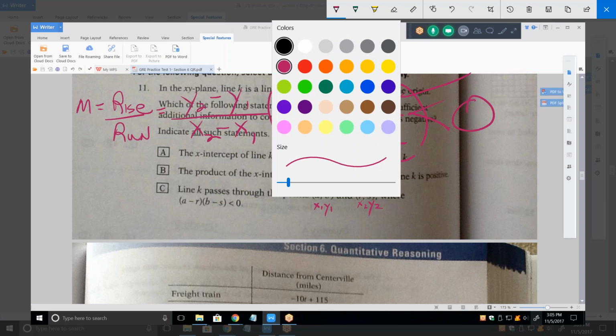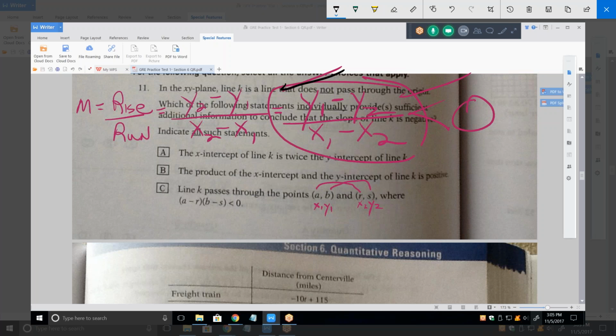That we're trying to prove is negative. That y1 is negative? Nope. That the whole thing is negative. That y1 minus y2 divided by x1 minus x2 is negative. Oh, I see. It's less than 0, so it has to be negative.